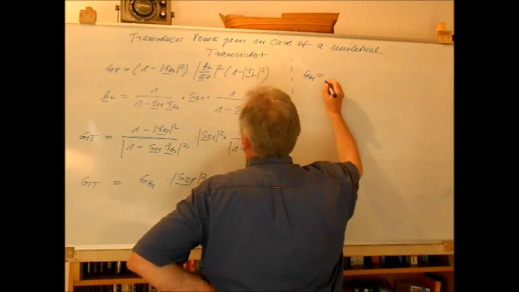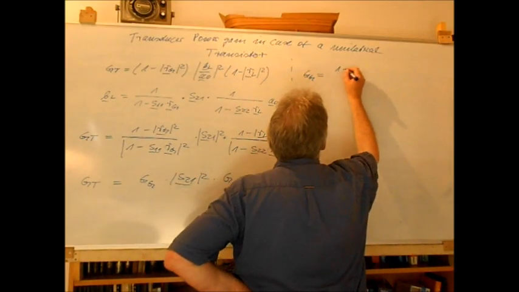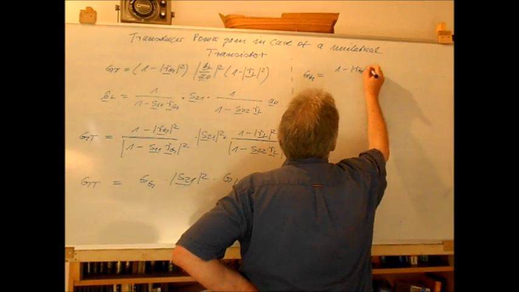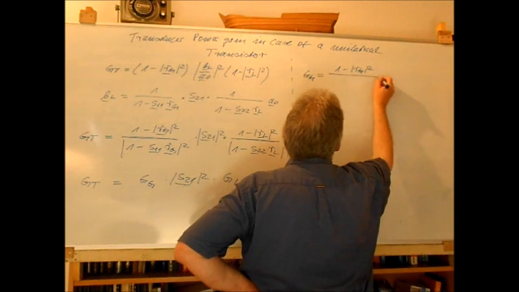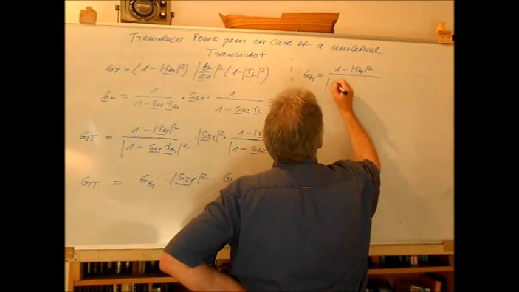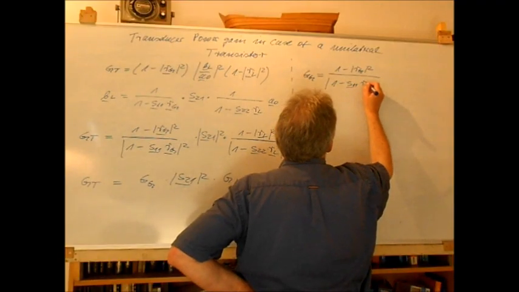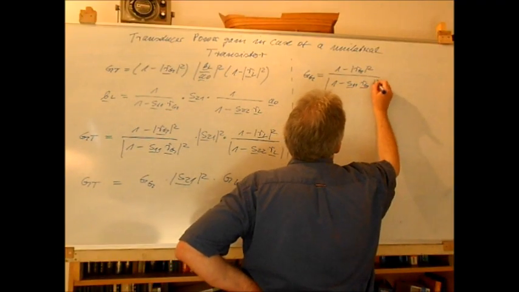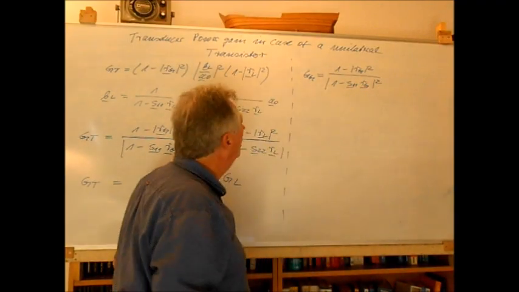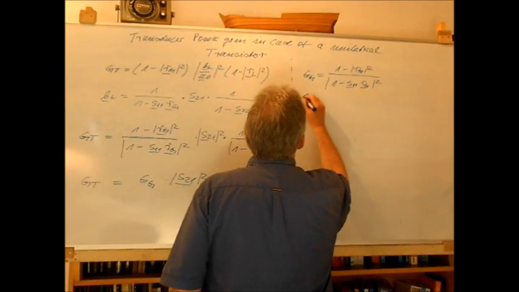GG is equal to 1 minus RG absolute value squared divided by 1 minus S11 times RG absolute value squared, and this we call the generator gain.